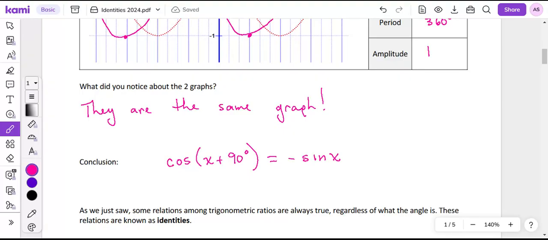Now, I have some space to the side here, and let's just verify that that's true. Can somebody just give me a random number? 24. All right. The cosine of 24 plus 90, that is 114 degrees.